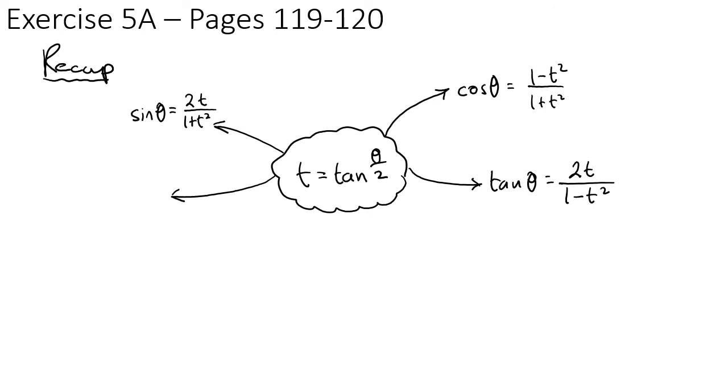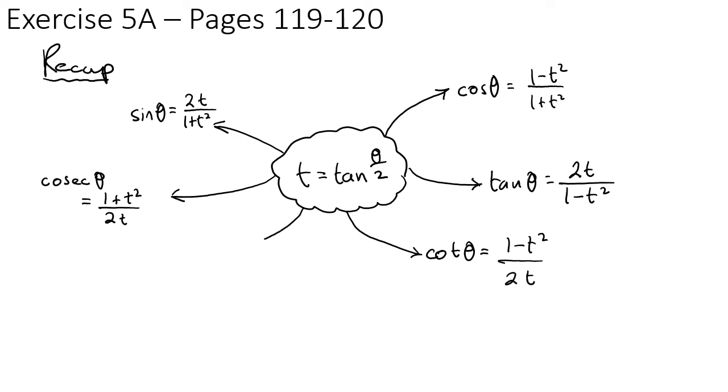So we can get cosec theta, that's going to be 1 plus t squared over 2t, reciprocal of sine. Then we can have the reciprocal of tan, which is cot theta. So that's going to be 1 minus t squared over 2t.